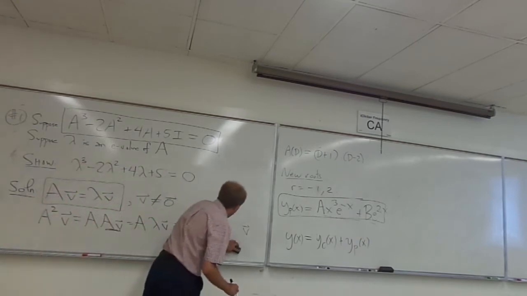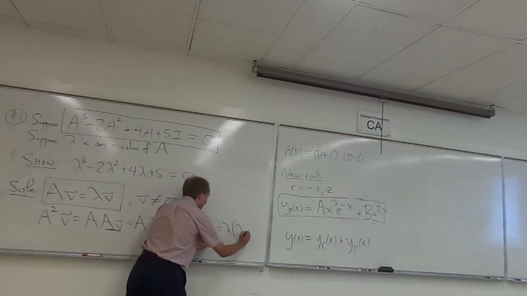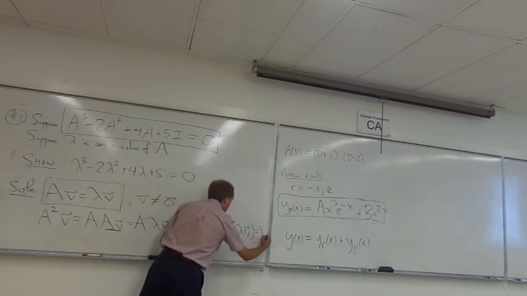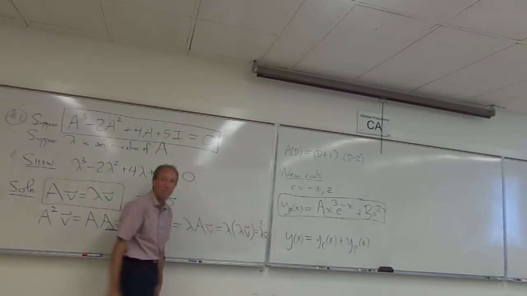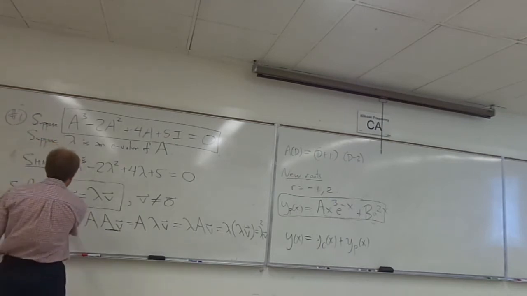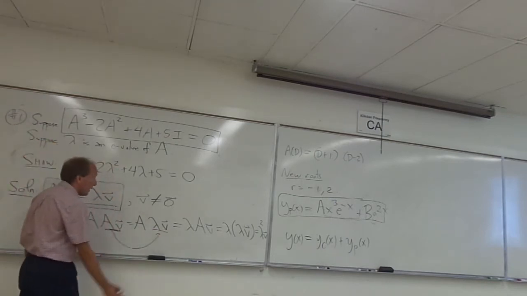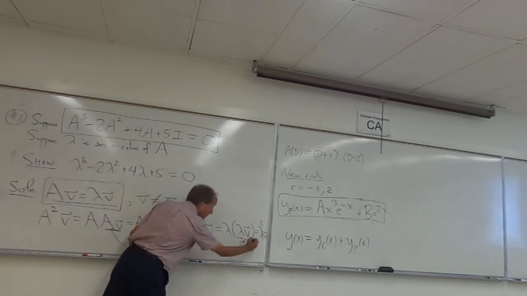Let me write down one more step here. We already have one of the lambdas. Now we're going to get another lambda. That's just 2 lambdas times V. Lambda squared times V, because AV equals lambda V, right? Right. I used this twice, actually. I used it right here, and I used it again right here.